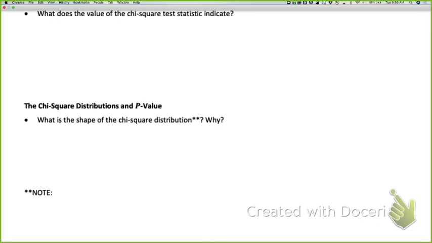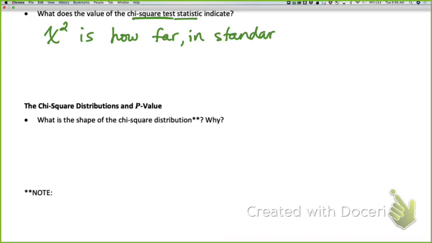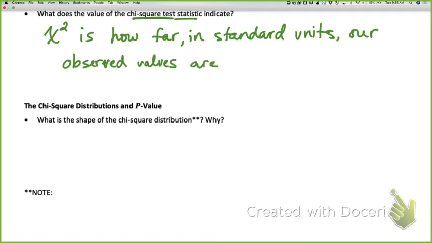Oh, I said this, but I forgot, we didn't write it down. What does the value of the chi-squared test statistic indicate? All right, chi-squared is how far, in standard units, the observed values are from the expected values.